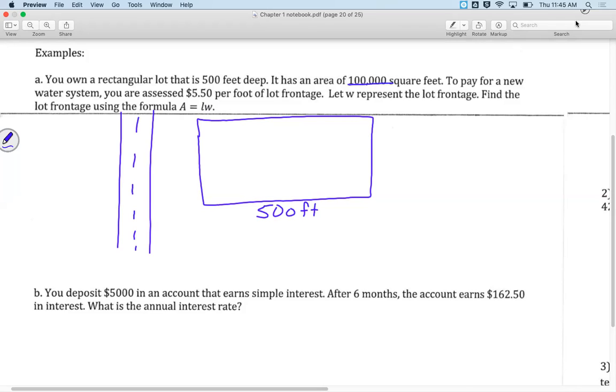It says it's 100,000 square feet. That's my area. How do I get this? Divide the area by the length. You took this formula and said, if I do area divided by my length, that's going to equal my width.